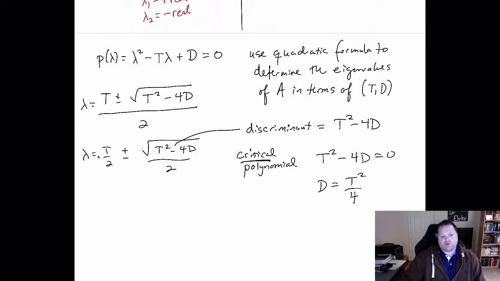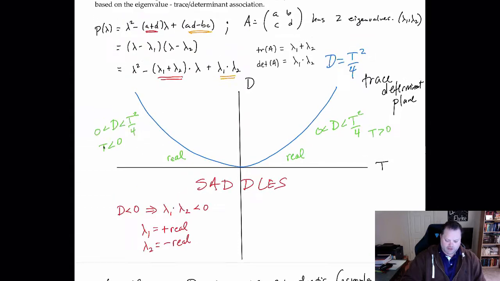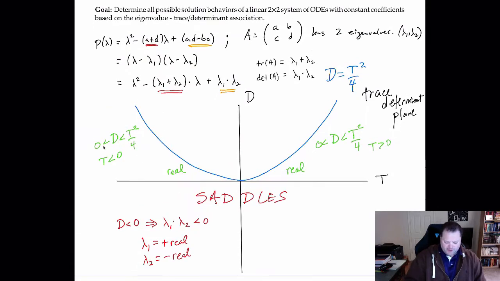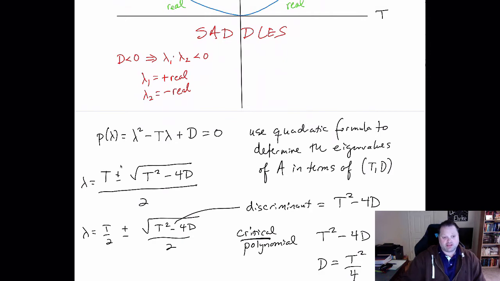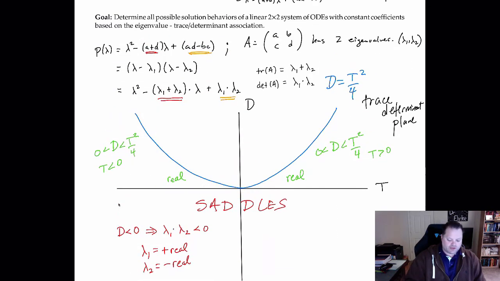The real part is positive because the trace is positive, and the real part is negative because the trace is negative. So if our trace is negative, you have real eigenvalues with a negative real part, and that negative part out front is the decaying exponential. So these decay over time because the trace is negative.